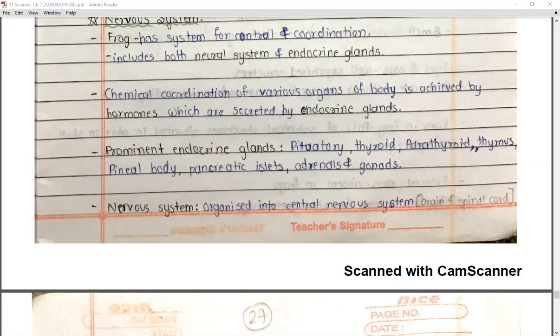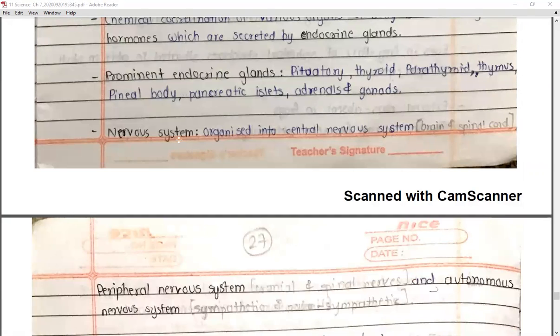Now let's talk about the nervous system. The nervous system is organized into the central nervous system. The nervous system of the frog is composed of the brain and the spinal cord, and as it is composed of these two main things, it comes under the central nervous system.